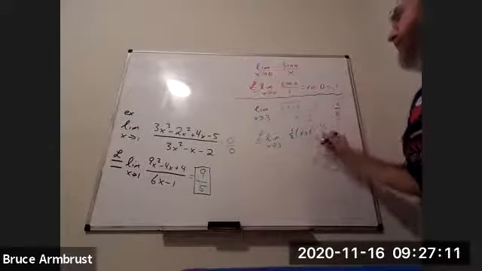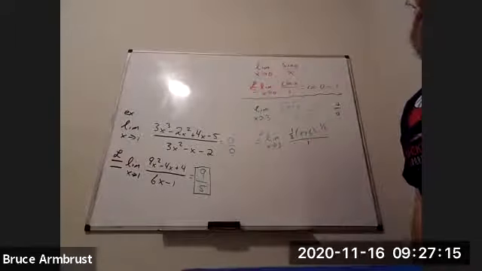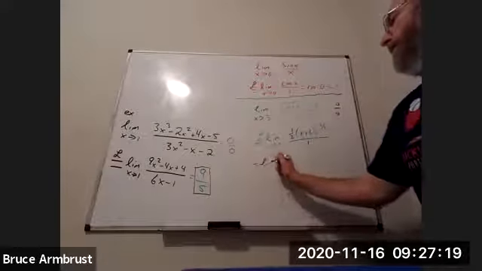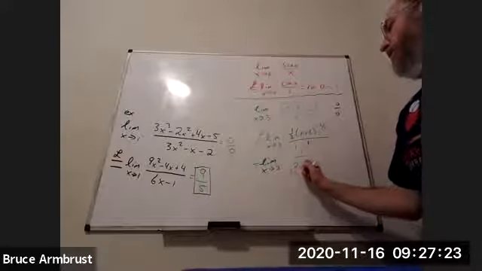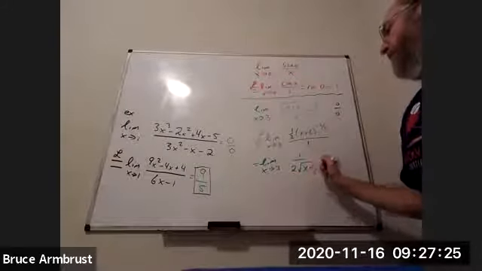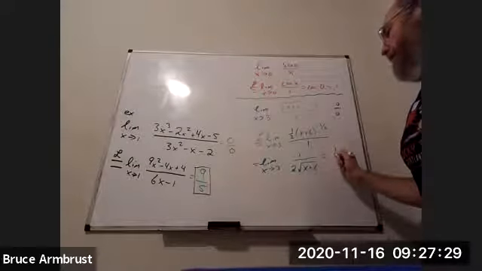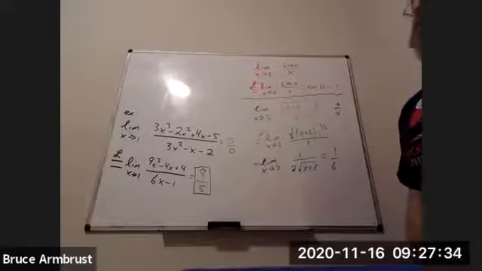The 3 goes away. On the bottom, I'm going to get 1. So this is the limit as x goes to 3 of 1 over 2 square roots of x plus 6. I plug in my 3, and I get 1/6.